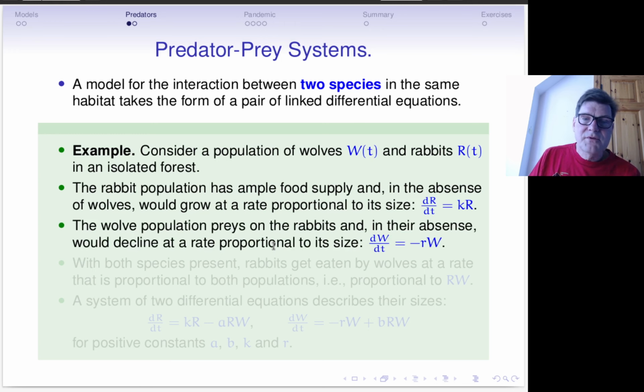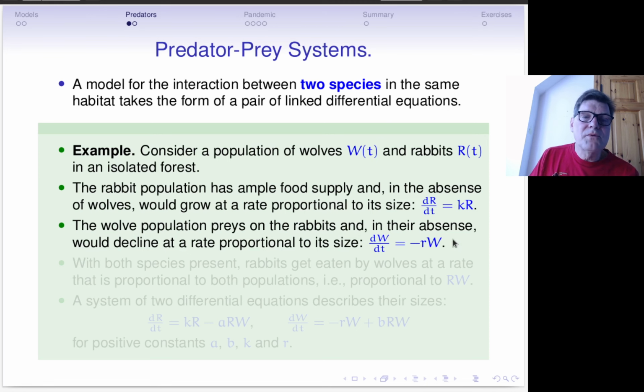The wolves, on the other hand, prey on the rabbits, and in their absence they would die out, they would decline at a rate proportional to their current size. So that gives a differential equation that describes the rate of change of the wolf population as minus a positive constant r times the current size of the population.